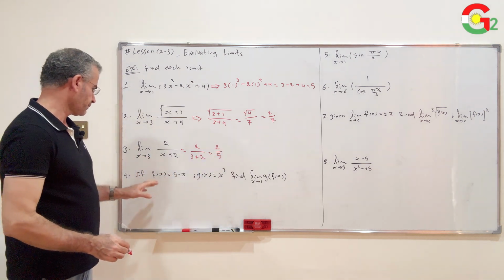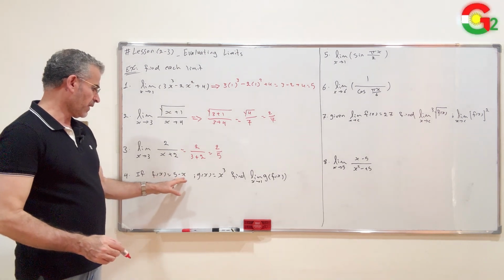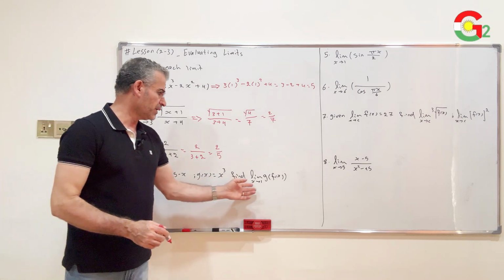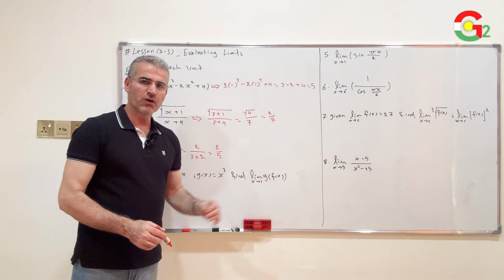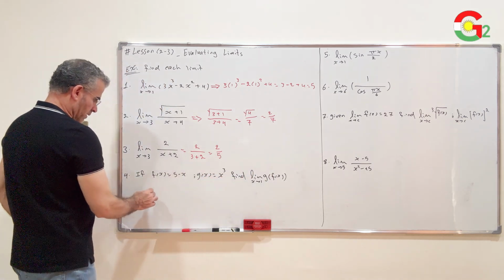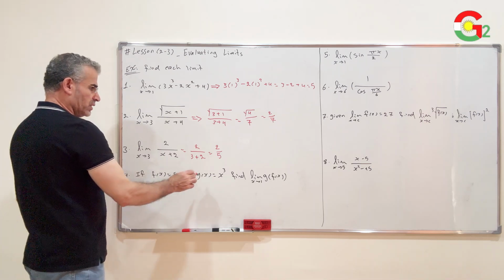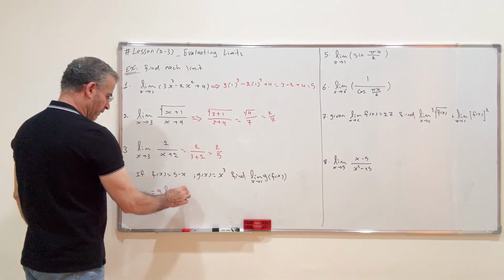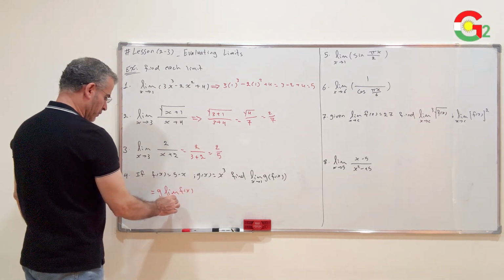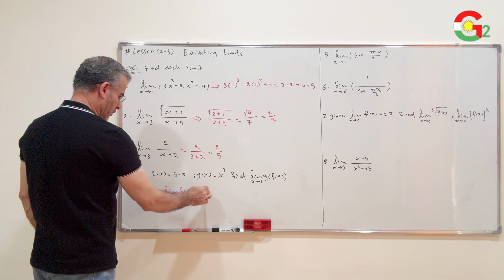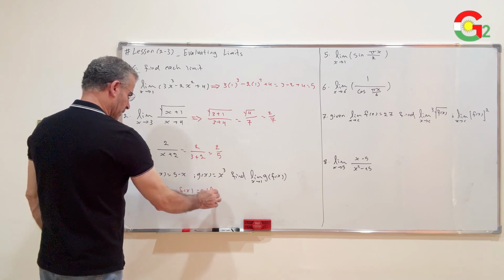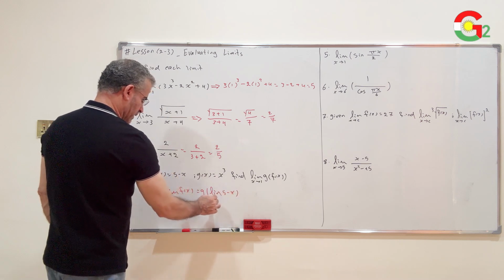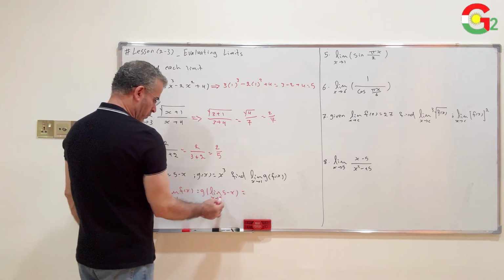Number 4, if f of x equals 5 minus x and g of x equals x to the power 3, find the limit of the composite function g of f of x. Limit of g of f of x equals g of the limit of f of x, which is 5 minus x, when x approaches 1.